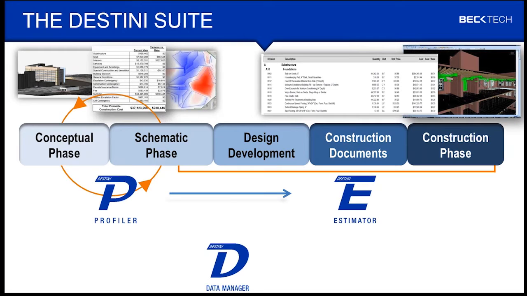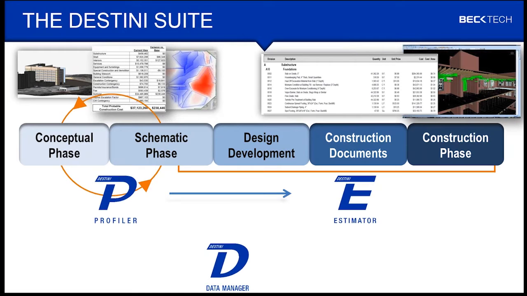The third product in the suite is a support application, but a very important one, called Destini Data Manager. Data Manager is a standalone tool that's also accessible from both Profiler and Estimator. It allows its users to create and manage cost databases for use by both Destini Profiler and Destini Estimator.